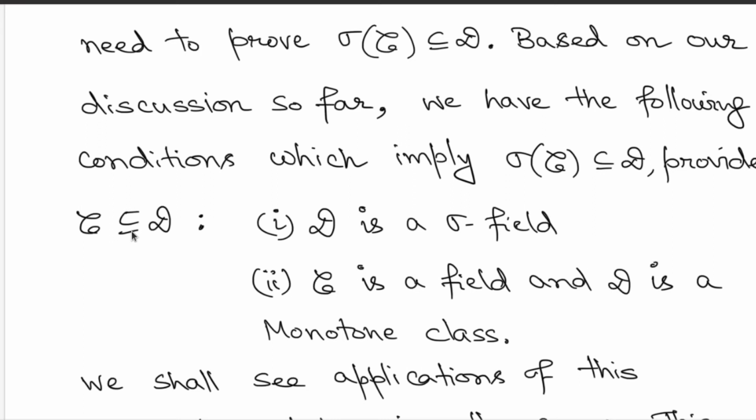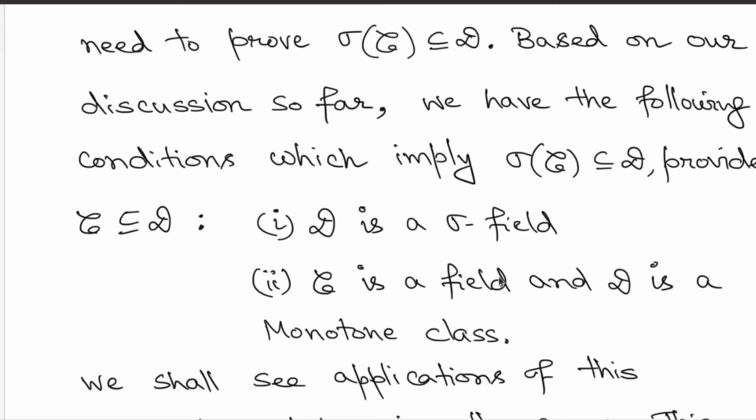This is something we discussed as part of the previous lecture. But then there is another condition which we just got introduced to in the monotone class theorem: if C is a field and D is a monotone class, then the same inclusion holds.